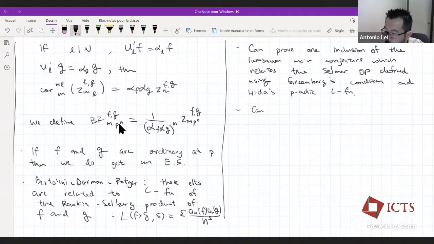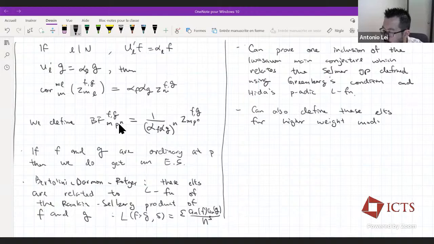We can also define these elements for higher weight modular forms, and even deform them in Hida families.